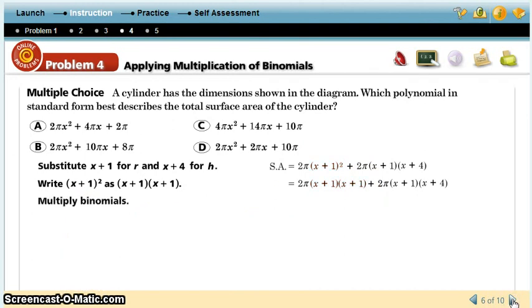Now multiply the binomials. Combine like terms in each product.